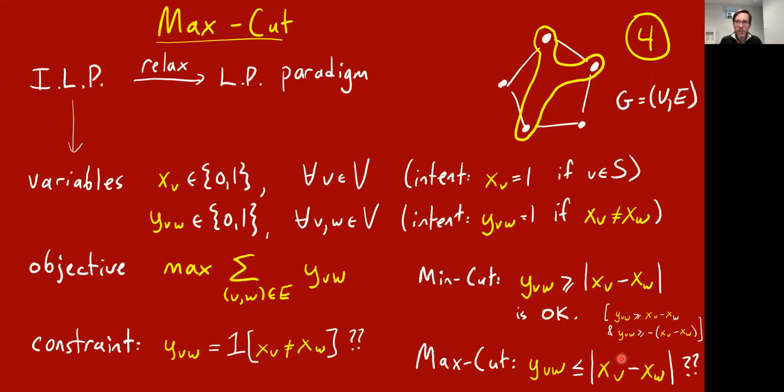But unfortunately, this inequality, you just can't write it like this. You can't convert it to two normal inequalities. If you just think about it, this doesn't work. So that's the difficulty.